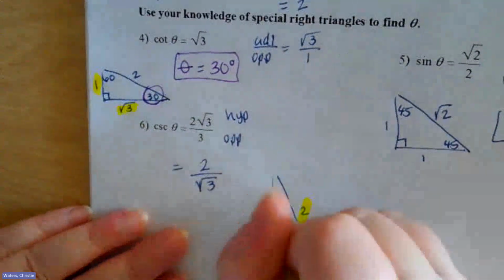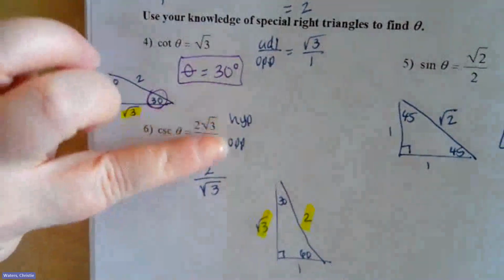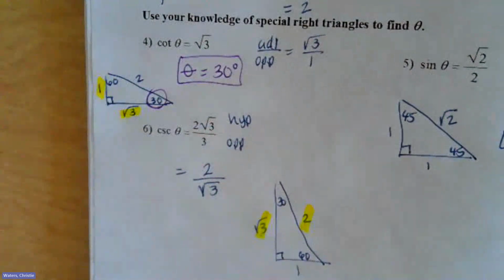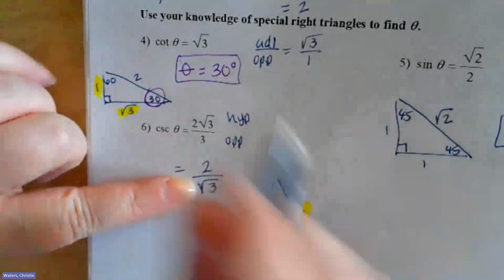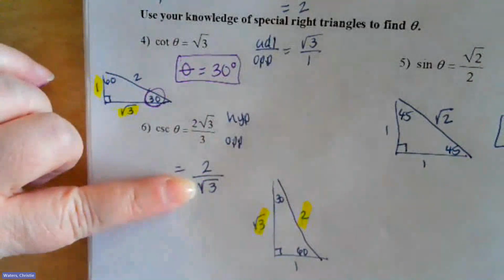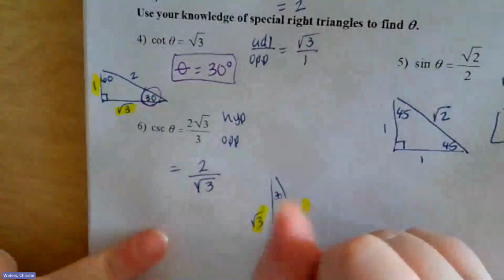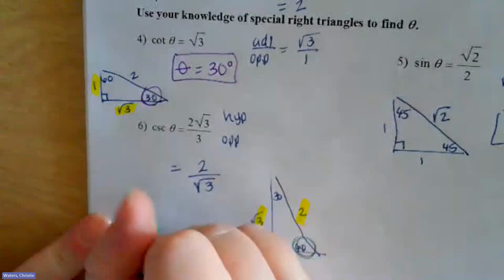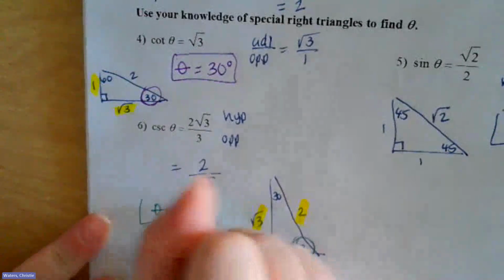So here's the 2, here's the square root of 3, and I'm going for hypotenuse over opposite. So I can agree that 2 is definitely the hypotenuse, but I need the square root of 3 to be the opposite side. So opposite of square root of 3 is the 60-degree angle right here. So I'm going to say for this problem, theta equals 60 degrees.